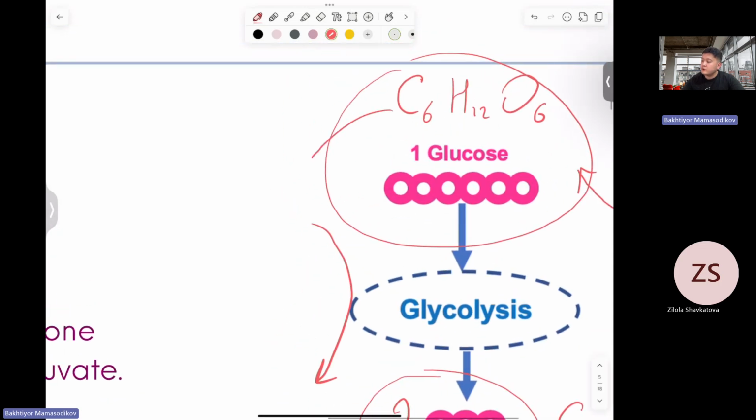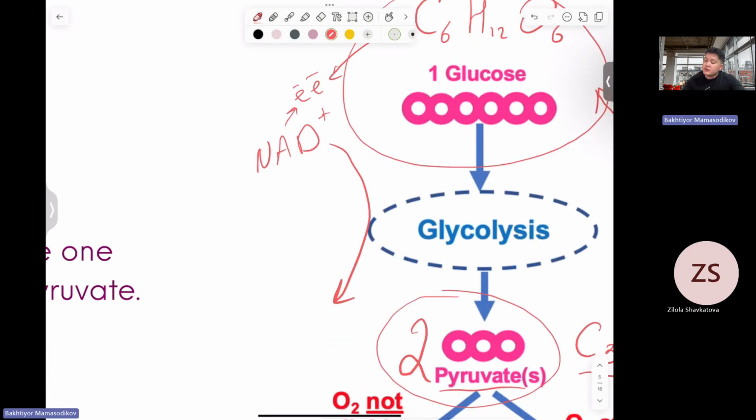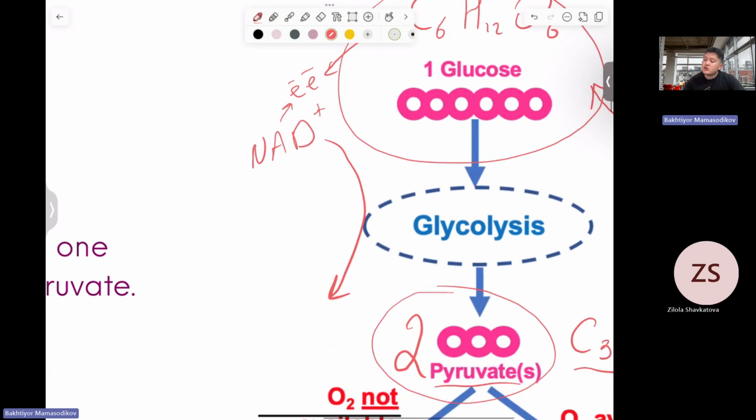This glucose molecule is going to release the electrons, and NAD plus is going to come like a taxi and pick up those electrons. When it picks up those electrons, it's reduced to NADH.